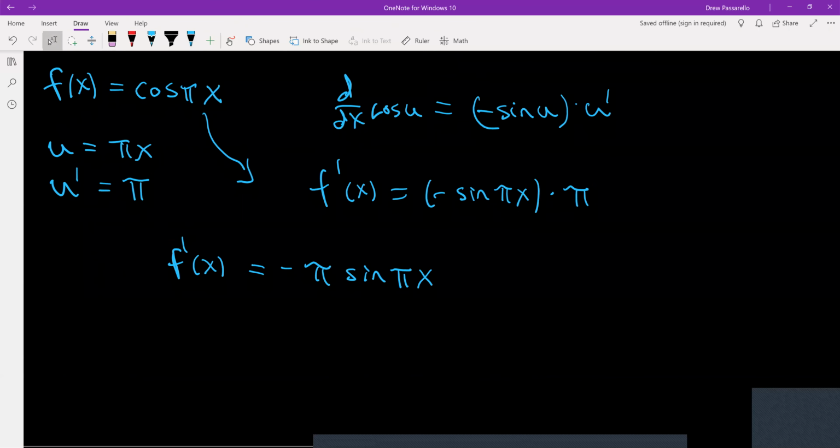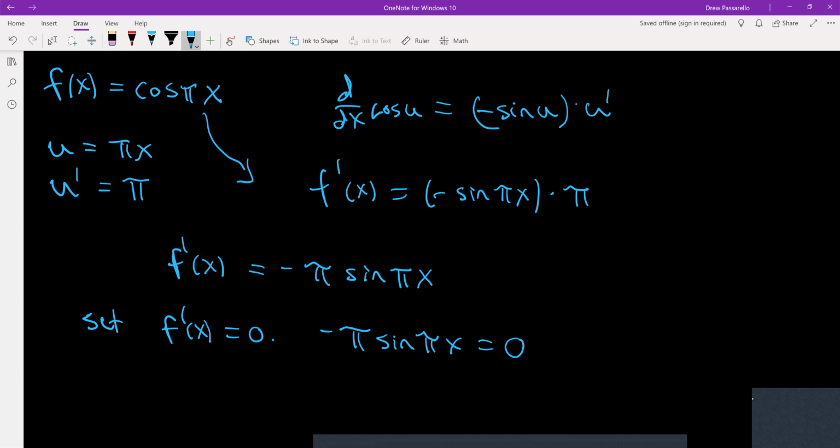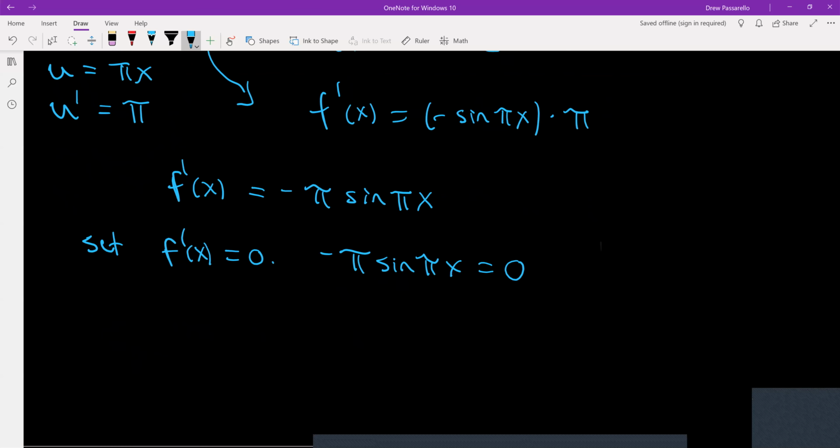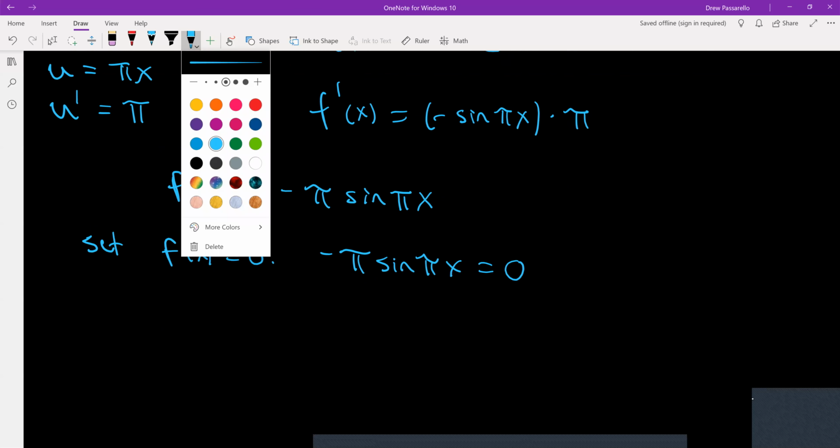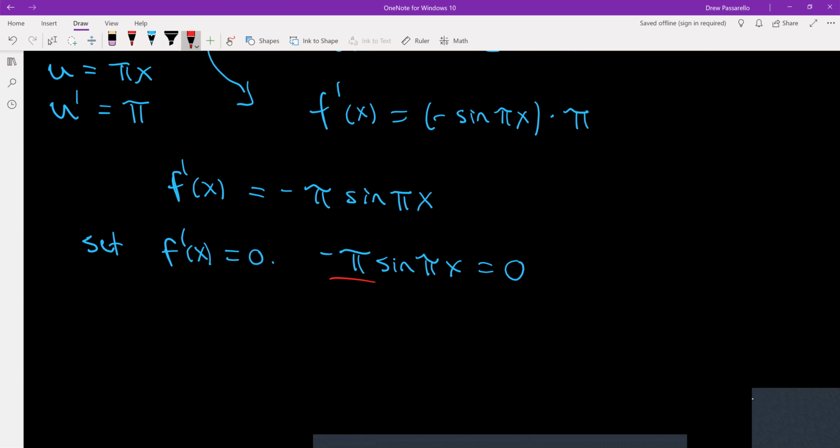So now I set this equal to 0. So negative pi times sine of pi x equals 0. Well, I can divide both sides by negative pi, and you'll just have sine pi x equal to 0.